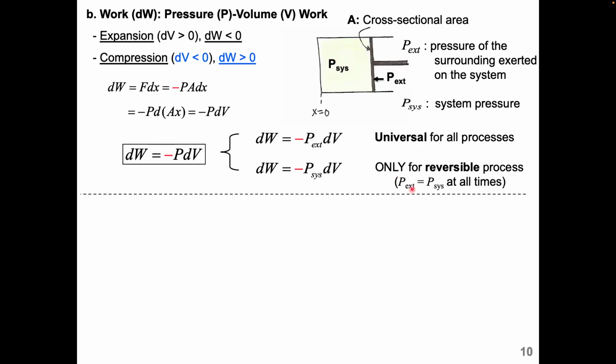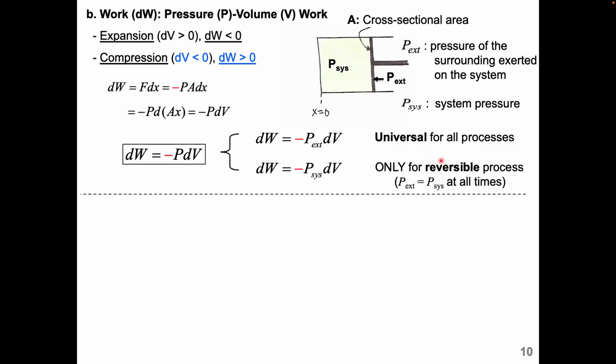Now, when we have P external equal to P system, meaning the system pressure is equal to external pressure, this piston is balanced at all times. That means your system is at an equilibrium state at all times.